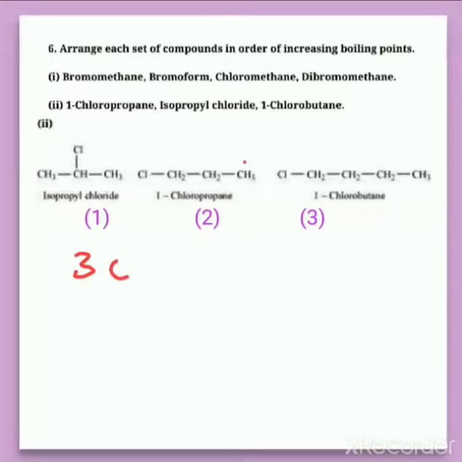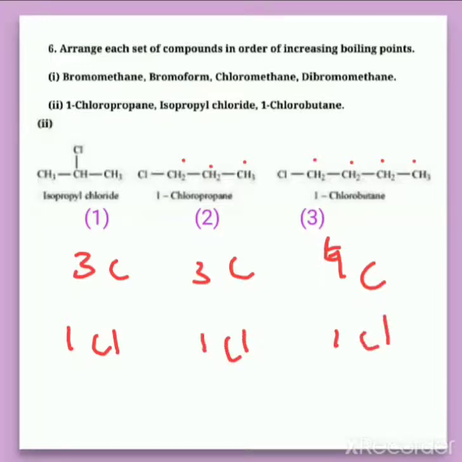In the second case, 1, 2, 3, here also 3 carbons. In the third structure, 1, 2, 3, 4, 4 carbons are there. Let us count the number of halo atoms. In the first case there is 1 Cl, in the second case also 1 Cl, in the third case also 1 Cl. In all of these there is the same number of halogen atoms, so we need not compare on the basis of halogen atoms.